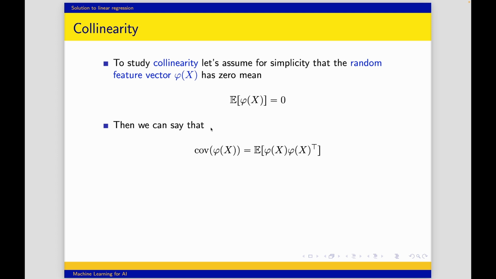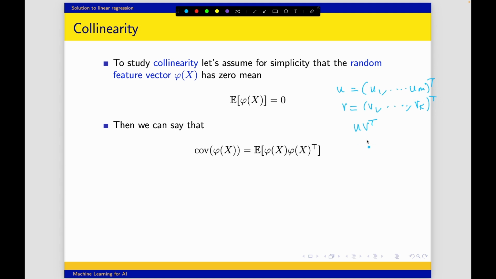So now we can say that the covariance matrix of our feature vector is the expected value of the outer product of the feature vector with itself. So what is an outer product? Well, an outer product of vectors, let's say u equals u1 to um transpose, and v is v1 to, let's say, vk transpose, is going to be u, v transpose.